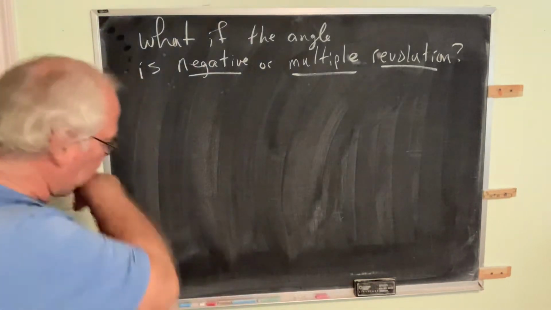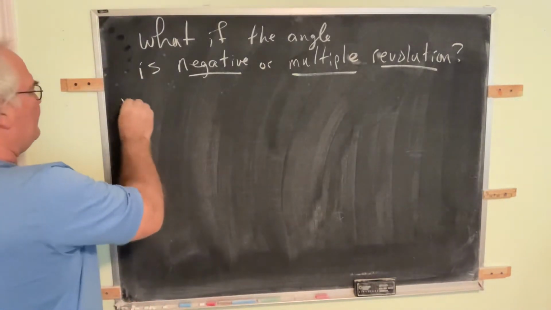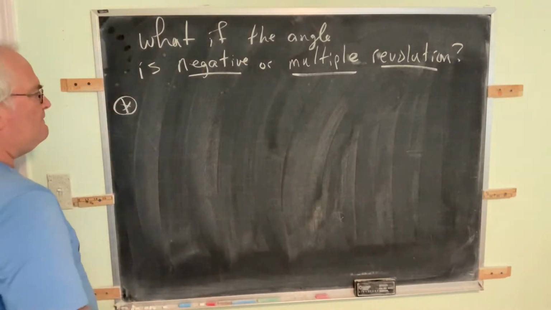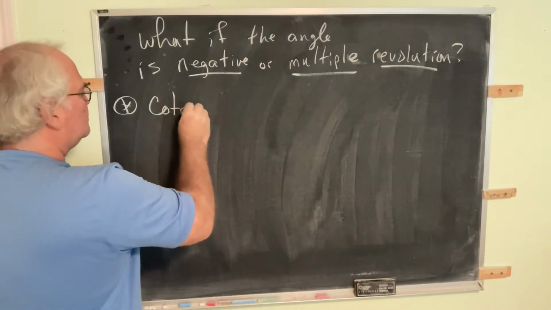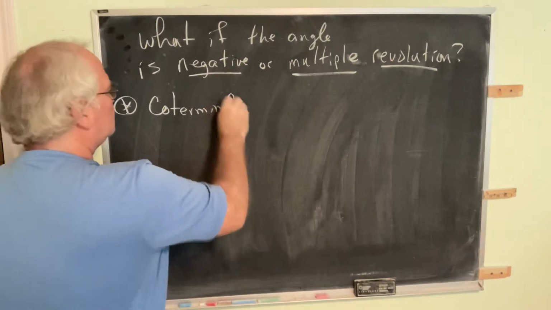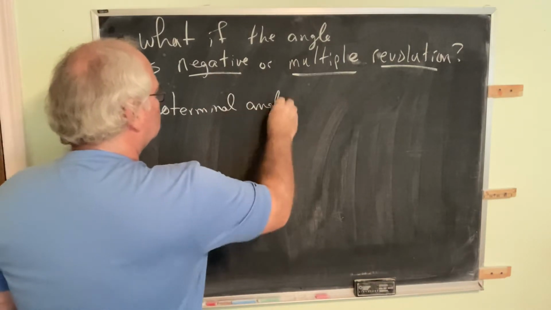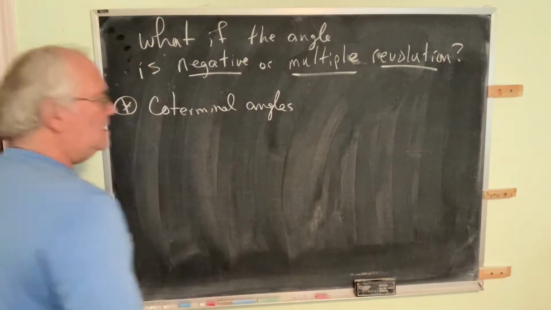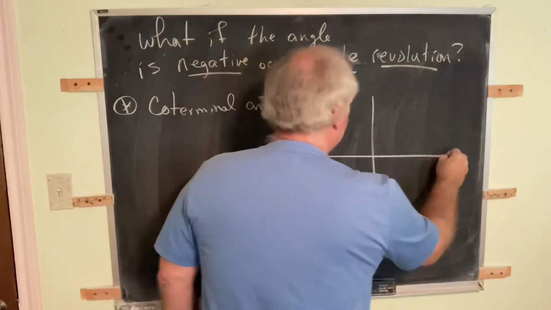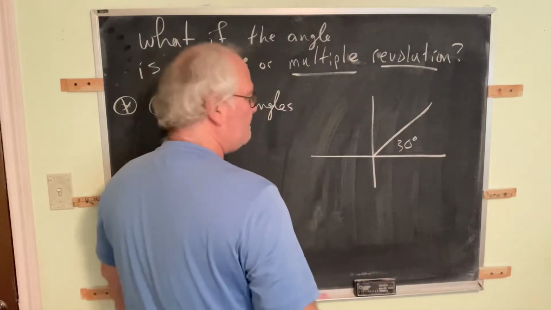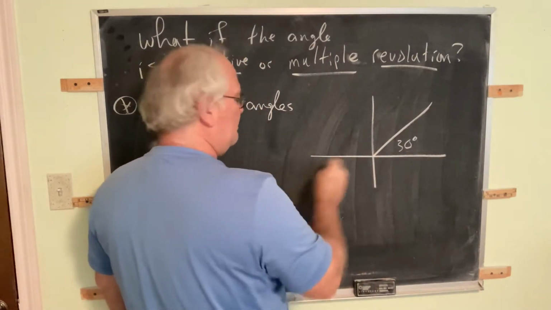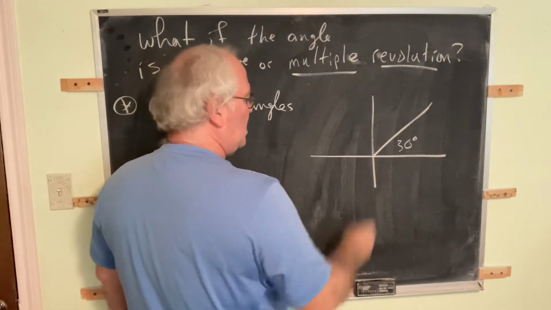All right. Well, here's the key reference. Coterminal angles. What does that mean? Coterminal angles. So if this is 30 degrees, then there are a wide choice of angles that are coterminal.